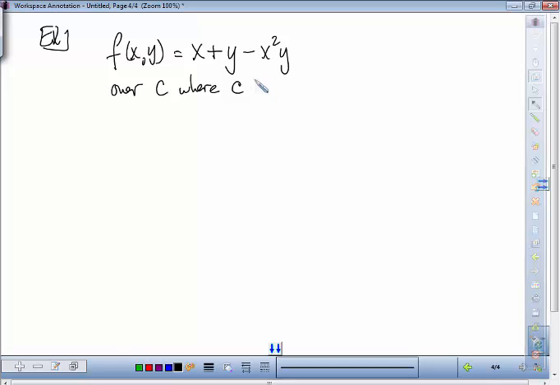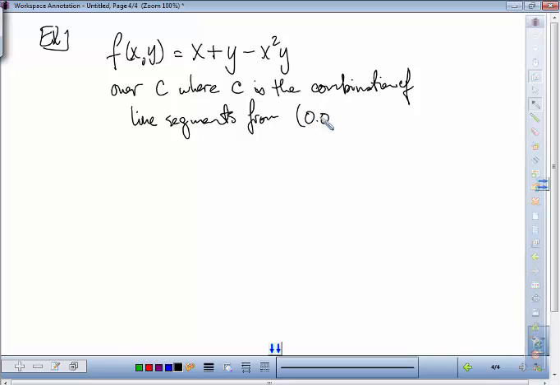C is a combination of the line segments from 0, 0 to 1, 0 to 1, 1.